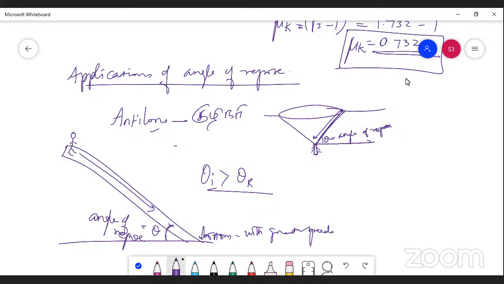So, in order to avoid this, the sliding board must be kept exactly at the value of the angle of repose, so that the children can slide over the sliding board and enjoy. Right? These are some of the applications of angle of repose which we have seen.